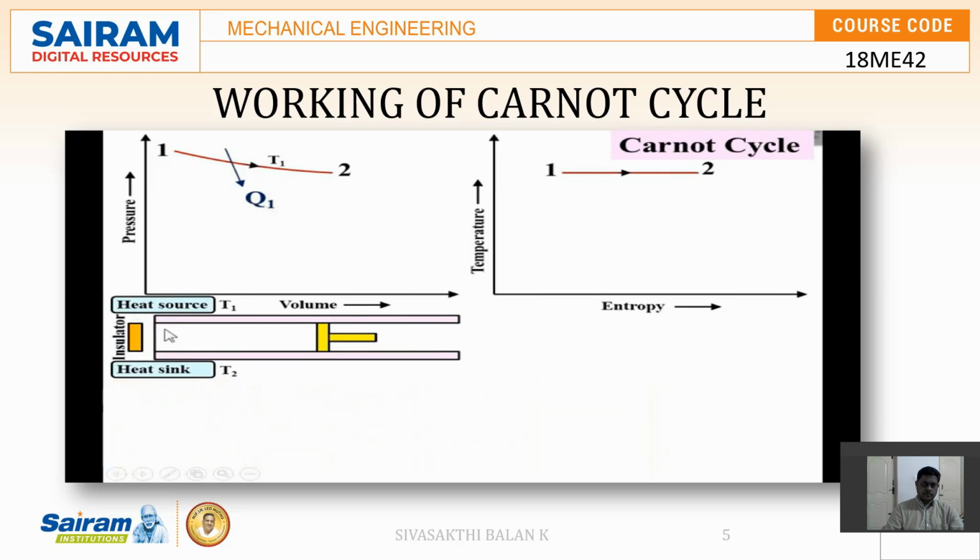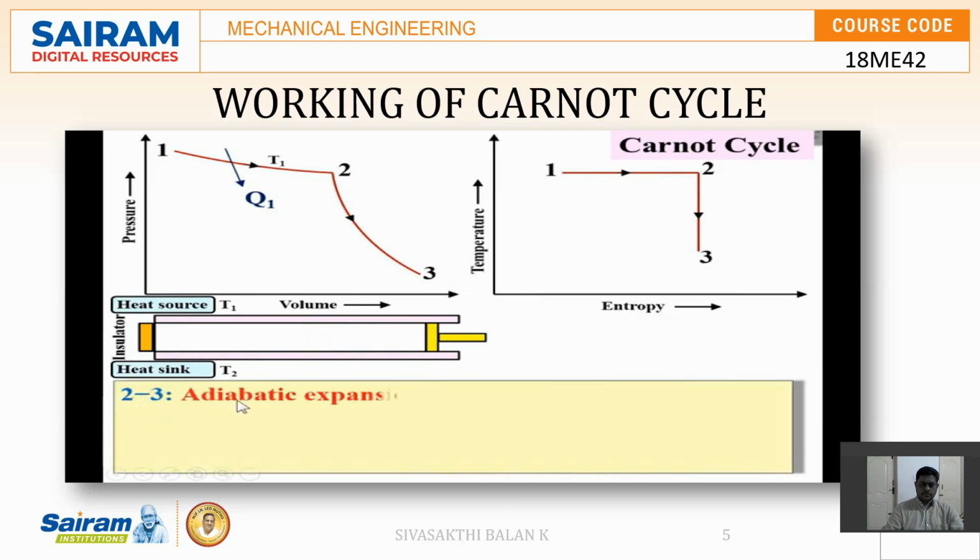Now that heat source is removed and it is covered with the insulator. Now again the piston will move from left to right, and that stroke or process is represented by 2-3 on the PV diagram, and here it is also 2-3 on the TS diagram.